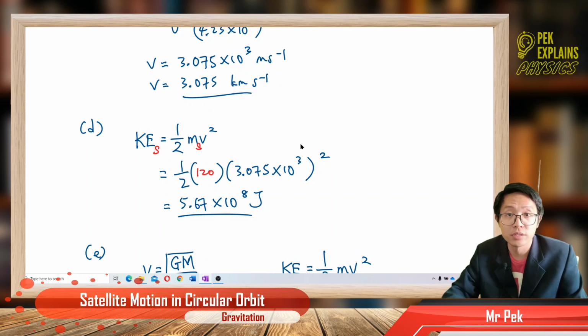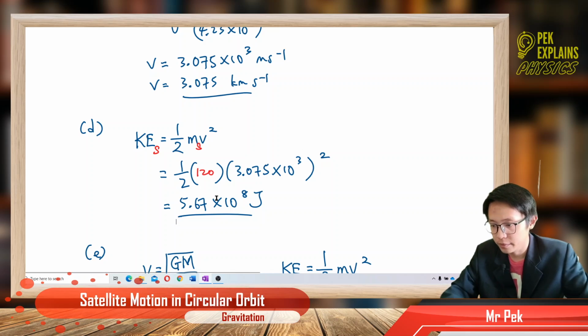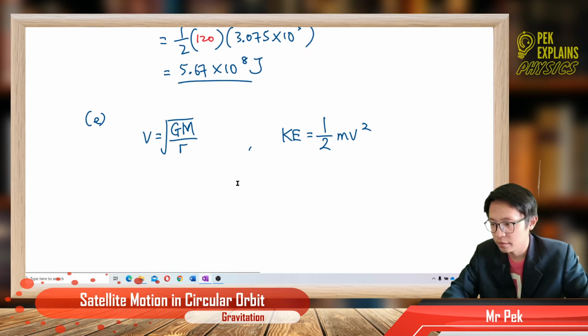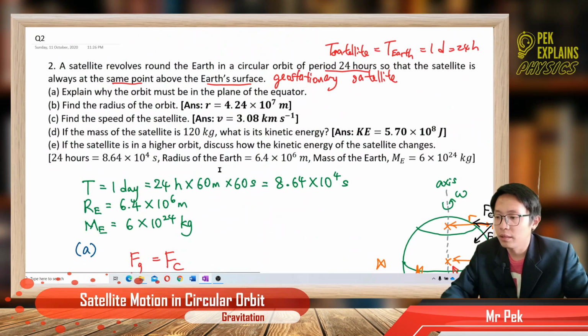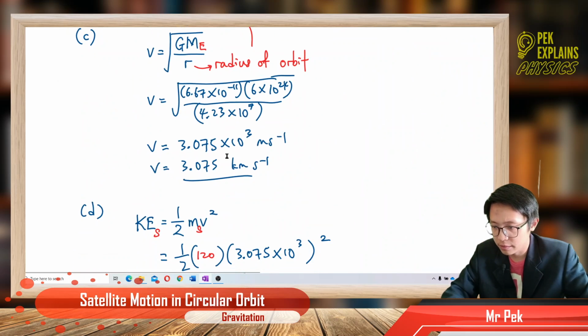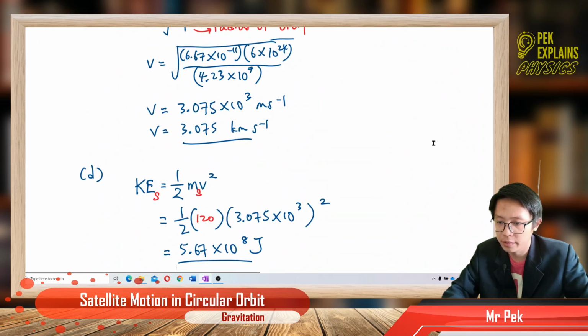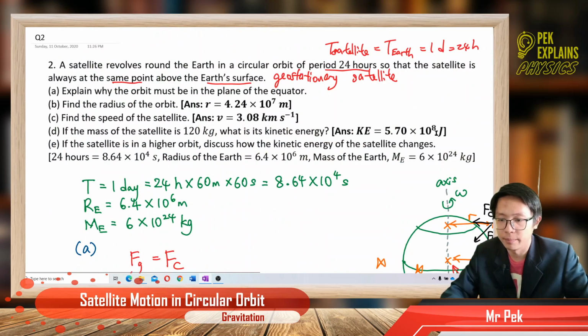That's the kinetic energy of the satellite, right? Very high kinetic energy, exponent 8. Wow. So just now it is 5.67, so 5.70 exponent 8, almost the same.